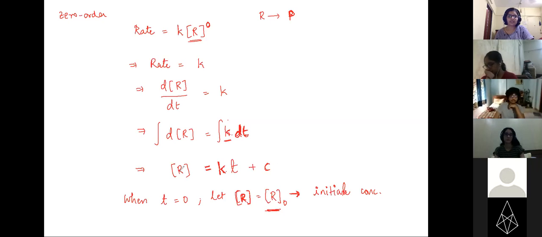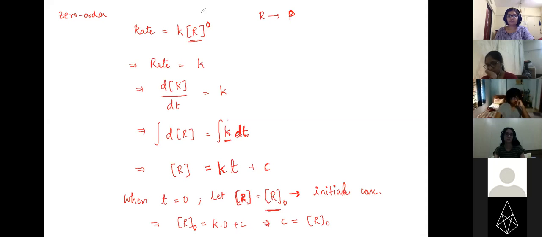So substituting at t equal to 0, you get concentration of R equal to K into 0 plus C, R naught, because we're taking it at t equal to 0, which means that basically the constant is going to be equal to R naught.